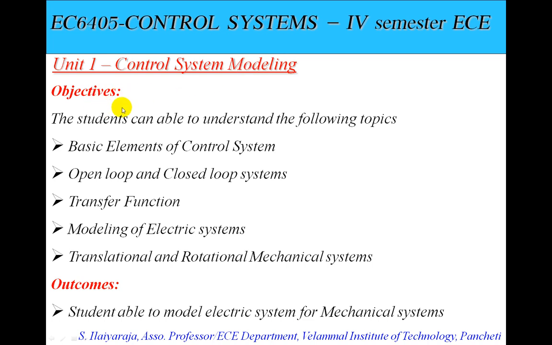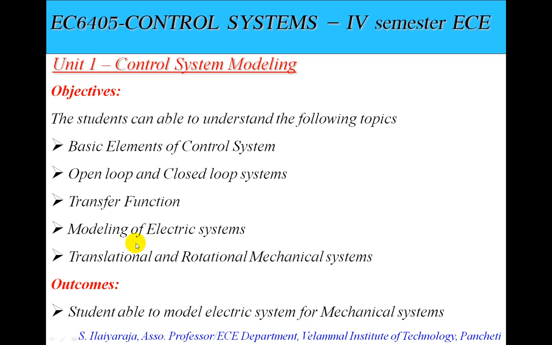The objective of this unit is that the students will be able to understand the following topics: the basic elements of control system, open loop and closed loop control system, transfer function, modeling of electric system, and translational and rotational mechanical system. After learning these topics, the student can model electric systems and mechanical systems. So this is the outcome of this course.